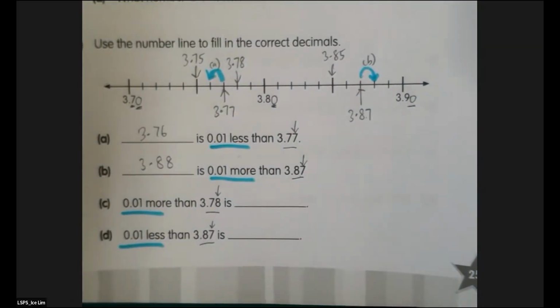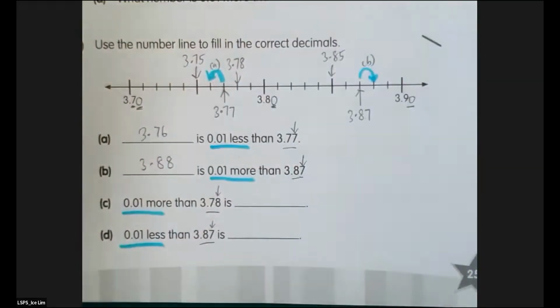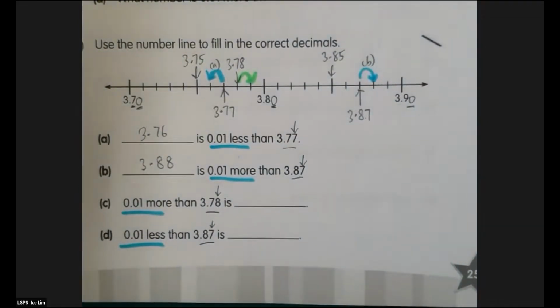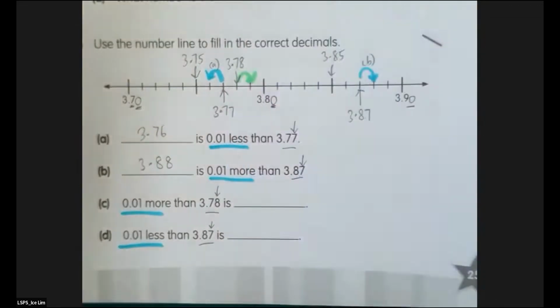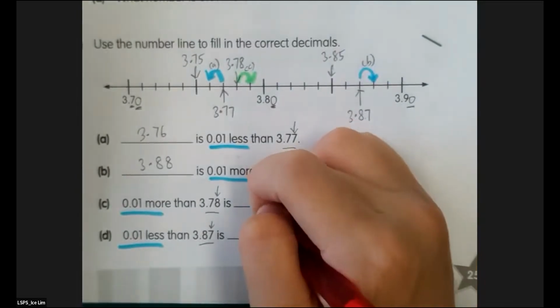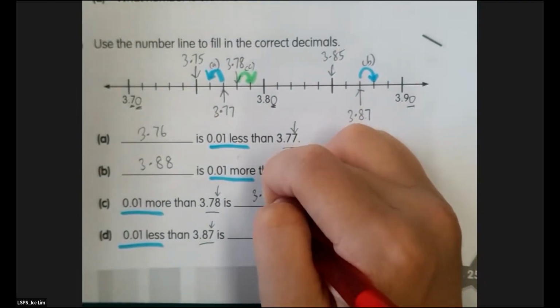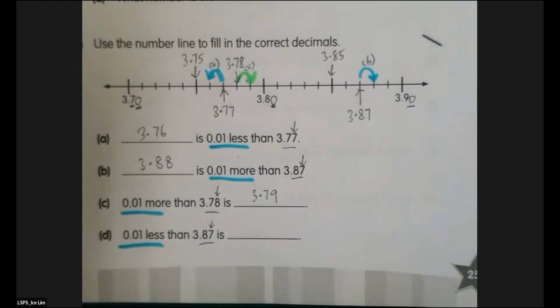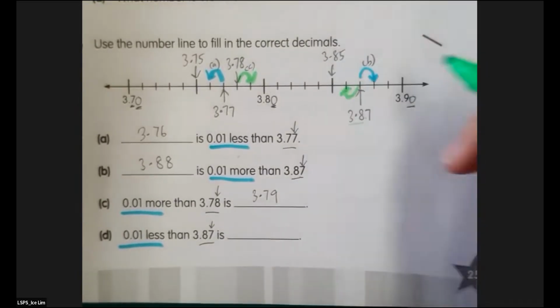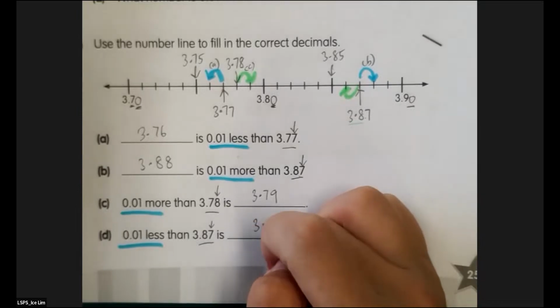I have 0.01 more. So I have 3.79. And then from here, 3.87. I got 3.86.